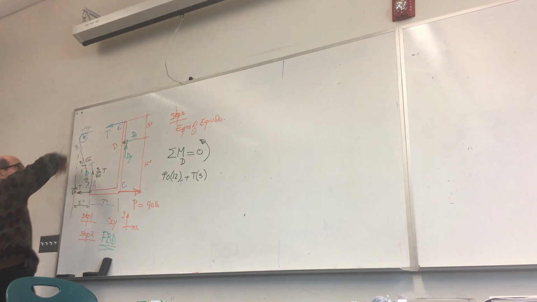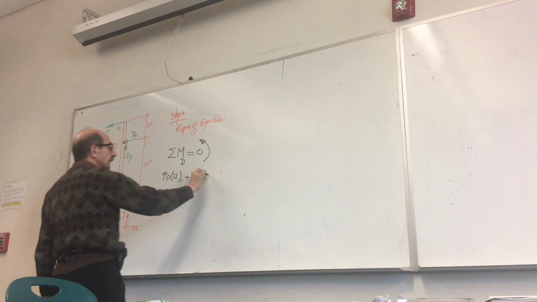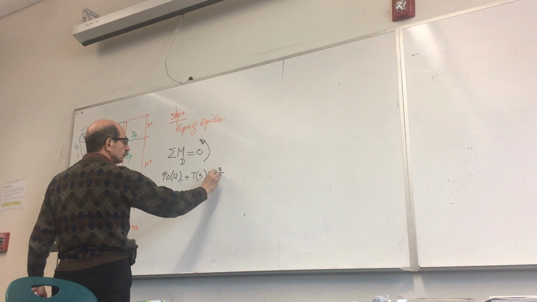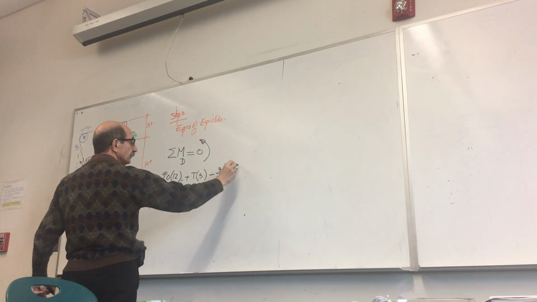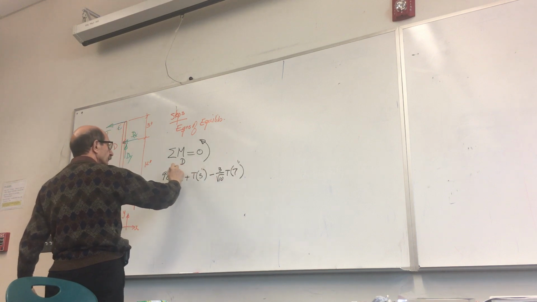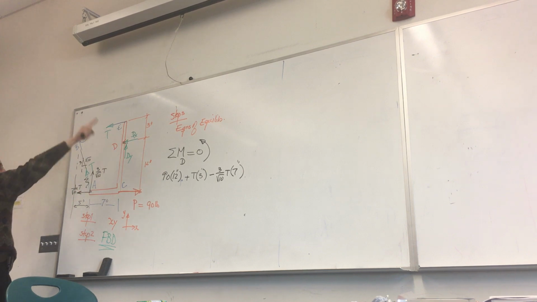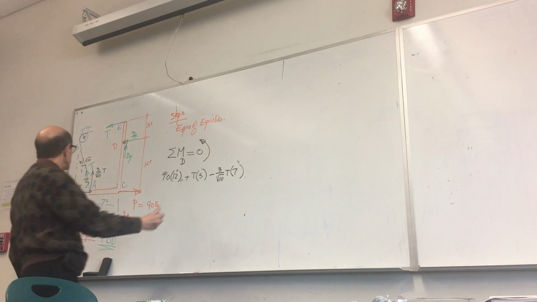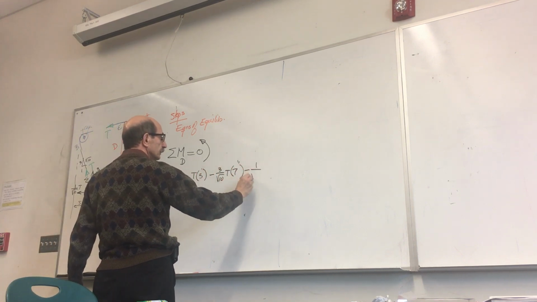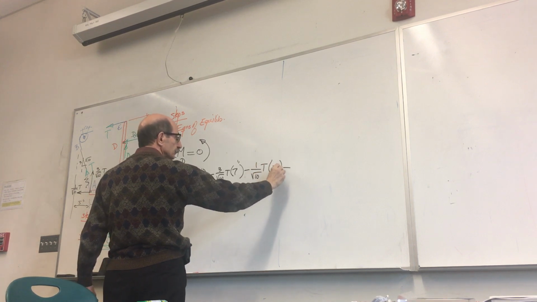This one makes a negative moment because it turns clockwise about point D, so that will be negative 3 over square root 10 T times this distance 7 inches. This one is also clockwise, and this is the vertical distance, so it would be negative 1 over square root 10 T times 12, equal to 0.